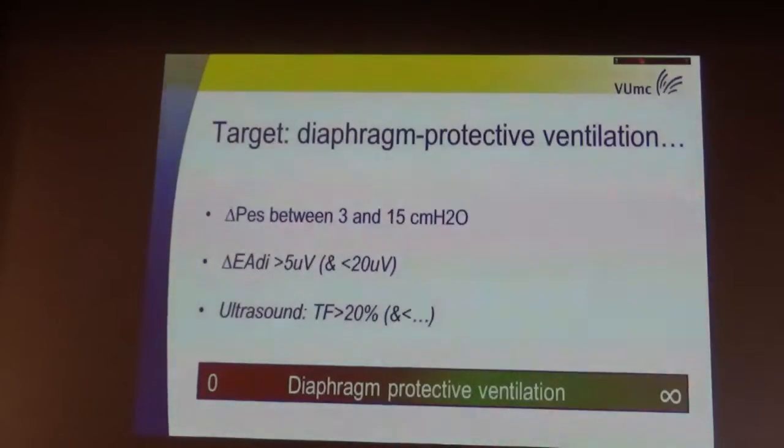Electrical activity of the diaphragm, well, at least it should be higher than 5 microvolts in amplitude. And the experience now from thousands and thousands of patients is that usually the EDI amplitude should be below 20 microvolts. And the thickening fraction, as I pointed out, is a bit more complicated, but at least you want some activity of the muscle.